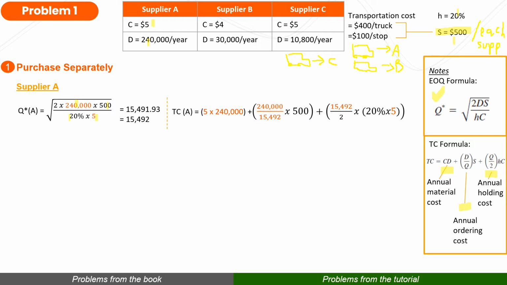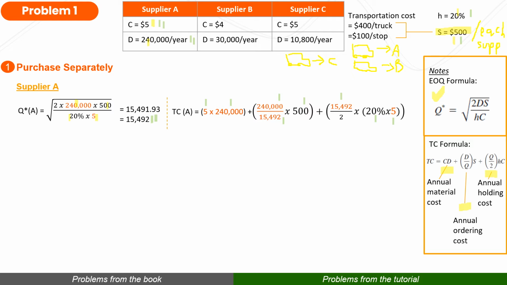So for the supplier A, the total cost is, as you can see here, the annual material cost is the cost from supplier A, 5, times the annual demand, 240,000, plus the annual demand divided by the Q star that we have computed before, times 500, plus the Q star divided by 2, times the holding cost, that is 20% times 5.